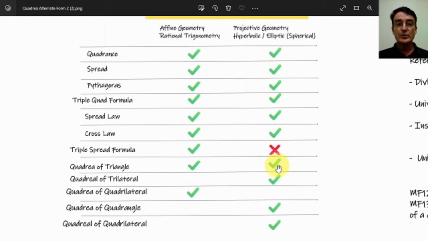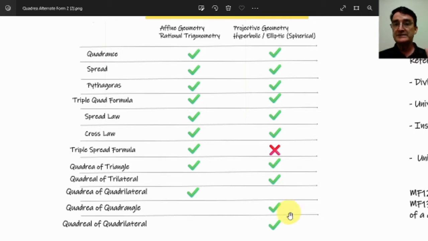So we have these two invariant quantities. The quadria of a triangle is the most important invariant quantity in projective geometry, and its dual is the quadrille of the trilateral. Similarly, in affine geometry, we have a quantity called the quadria of a quadrilateral, and we have an existing formula for that. And in projective geometry, we have the quadria of a quadrangle and the quadrille of a quadrilateral. These are duals of each other.